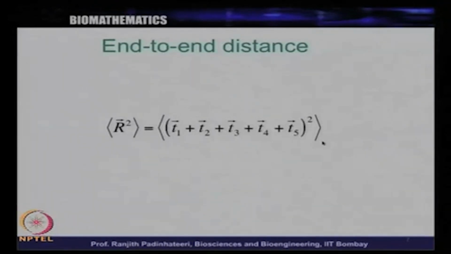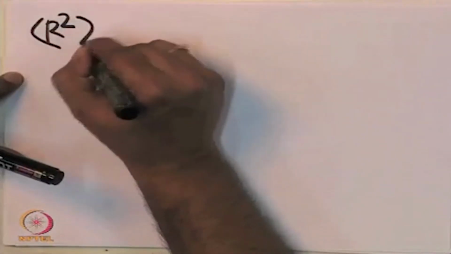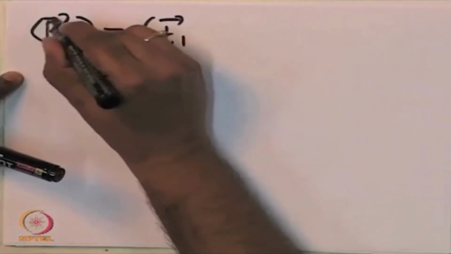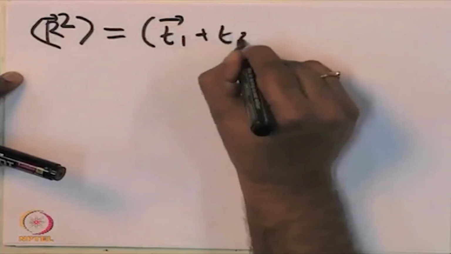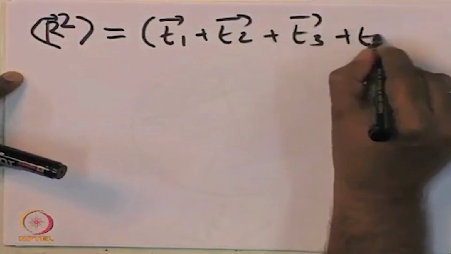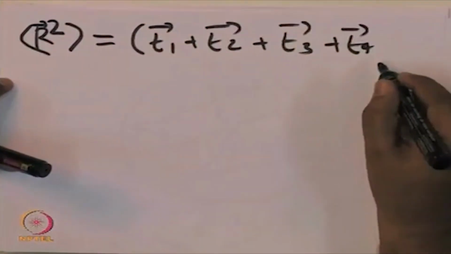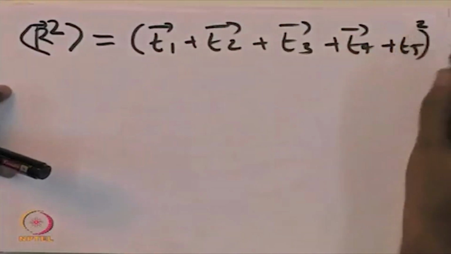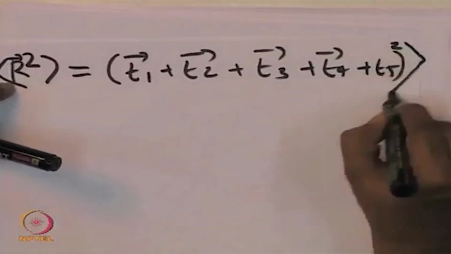So, R square average is defined as T1 vector, so this is a vector here, plus T2 vector plus T3 vector plus T4 vector plus T5 vector whole square and then average.